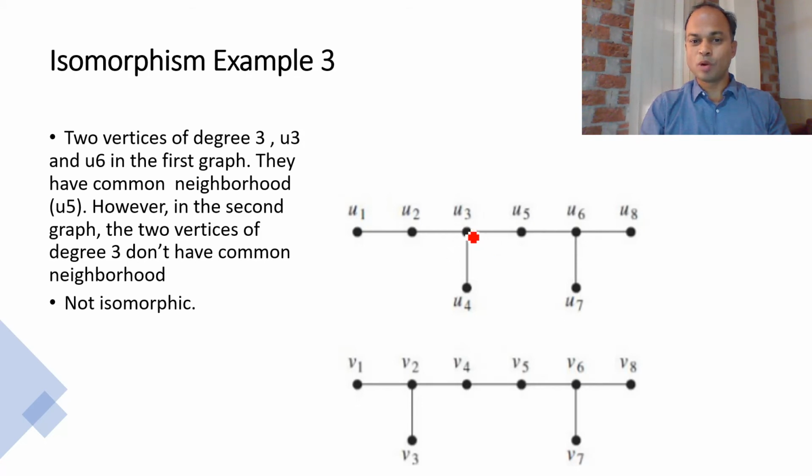I mean, this is a degree 3 vertex and this is a degree 3 vertex, so there is only one intermediate vertex between these two degree 3 vertices. But in this particular graph, there are two degree 3 vertices with two vertices between them. Therefore, these two graphs are not isomorphic graphs.